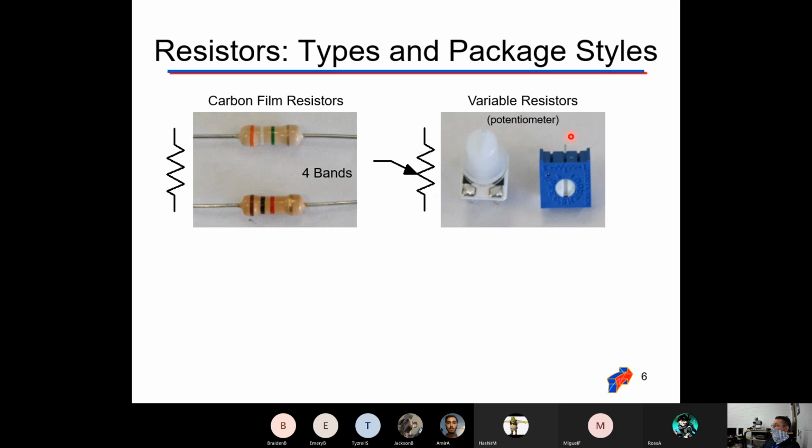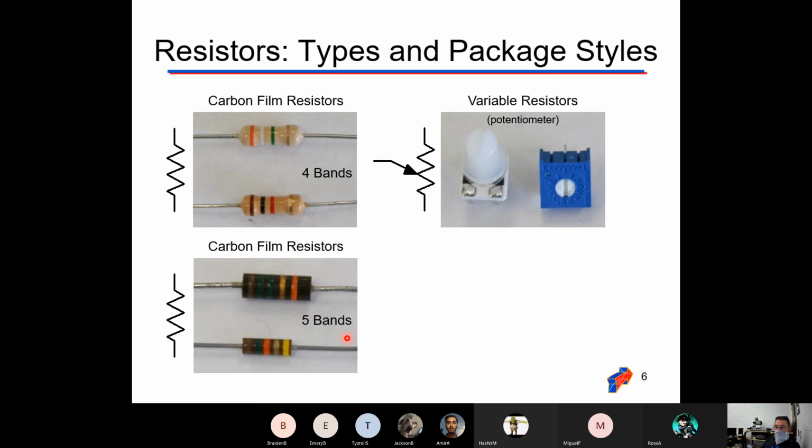They're also called potentiometers. Basically, you turn a dial and that increases or decreases the amount of resistance that they produce. And we'll show you how that works in just a minute. You're going to want to make sure you have that down so you know that that is the symbol for a potentiometer. That is a symbol for a carbon film resistor, which is what we use 90% of the time in the class.